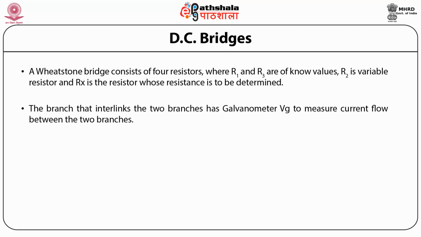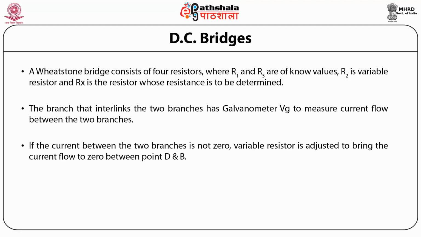The branch that interlinks the two branches has a galvanometer Vg to measure the current flow between the two branches. If the current between the two branches is not zero, the variable resistor is adjusted to bring the current flow to zero between points D and B.